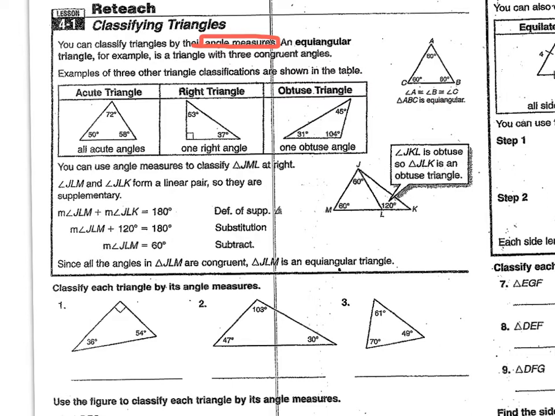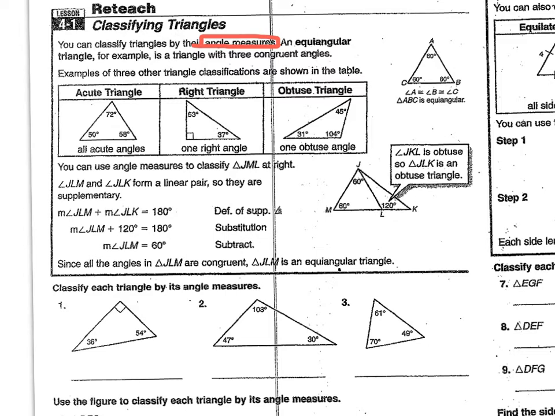Second concept, you can also use angle measures to classify the triangle MJL at the right, which is this one, not the right angle, but at the right.